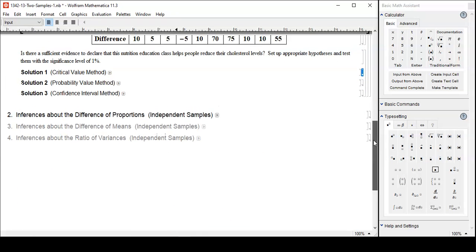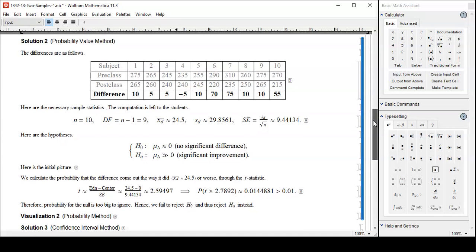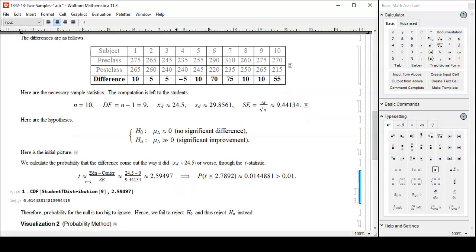Now, what if I use the probability value approach? That's going to be a bit trickier because this is a T problem, and with the T table that are commonly available, you cannot find out the probability value directly. You'll have to use some other web-based statistical tool or something, or fancy calculator like Mathematica, like me.